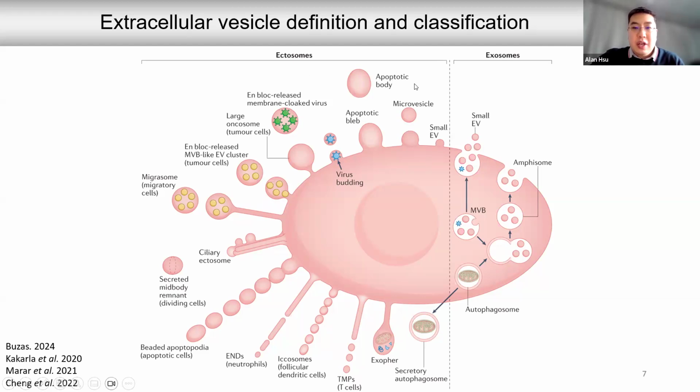Ectosomes, on the other hand, in one way, shape, or form, would use a budding system, either apoptotic blebs, microvesicles, or other larger or more specialized ectosomes. But basically, everything is actin cytoskeleton mediated and budding from the cells. So clearly, LAND-Vs would fall into the ectosome classification.